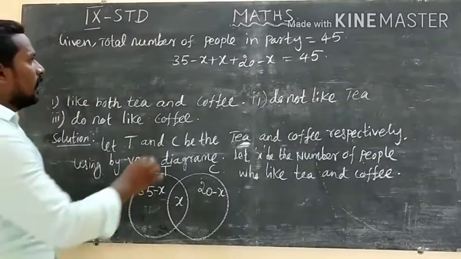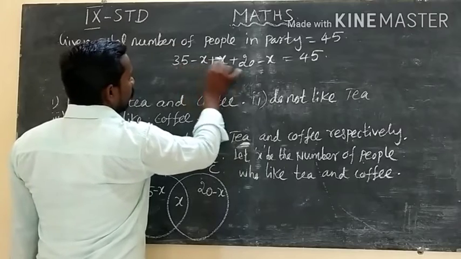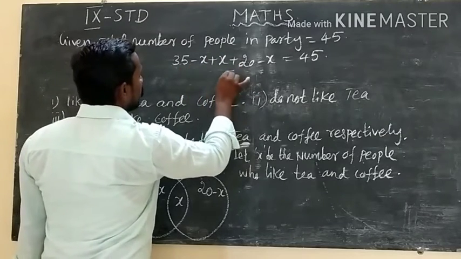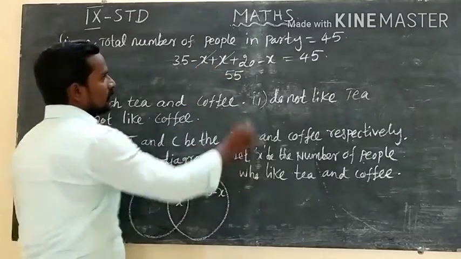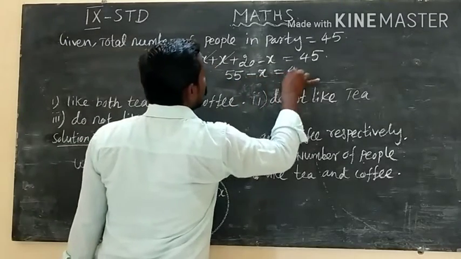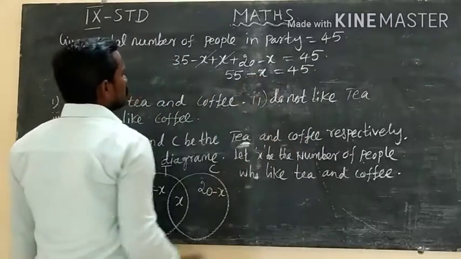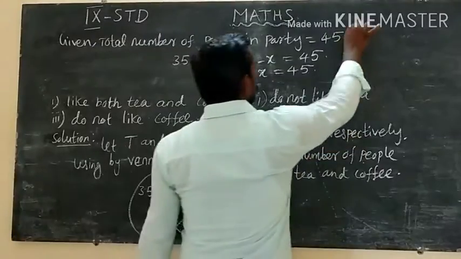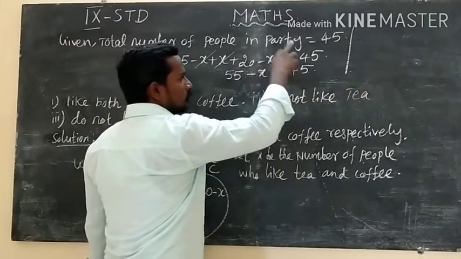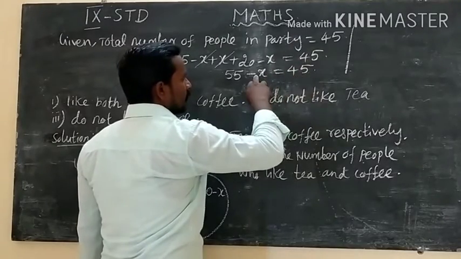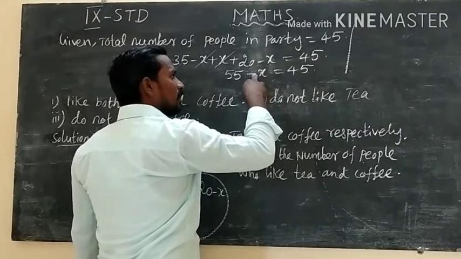Then, comparing the numbers, this is 35, this is 20. So totally 55. Then minus X plus X are cancelled. The remaining is minus X equal to 45. So we only need X. Making the transformation, this X to the right side, we get positive X, because this is a count value, so it cannot be negative.